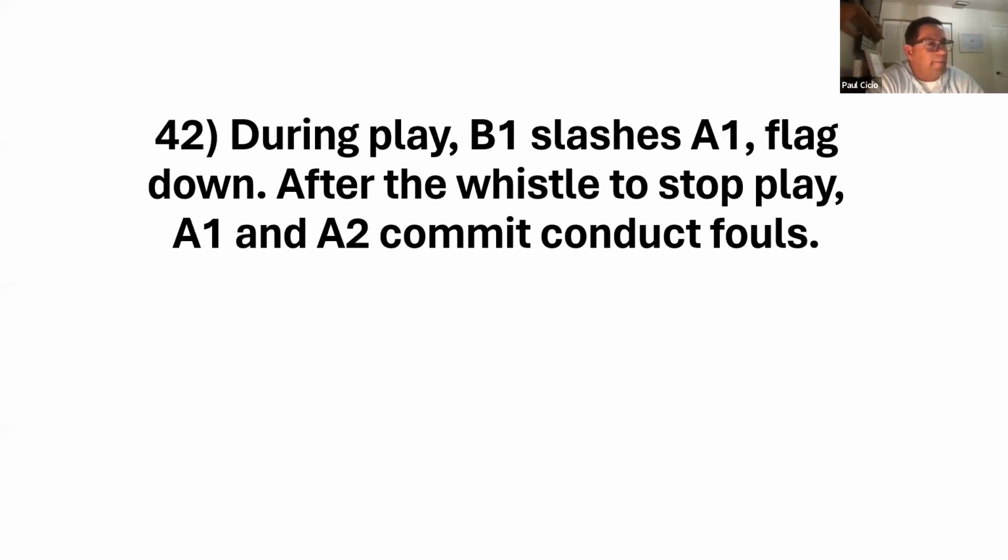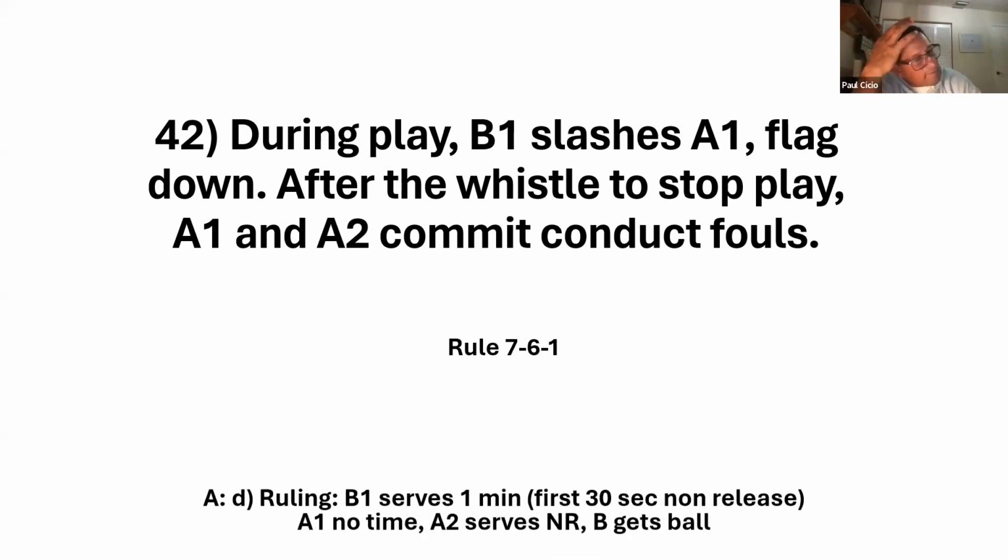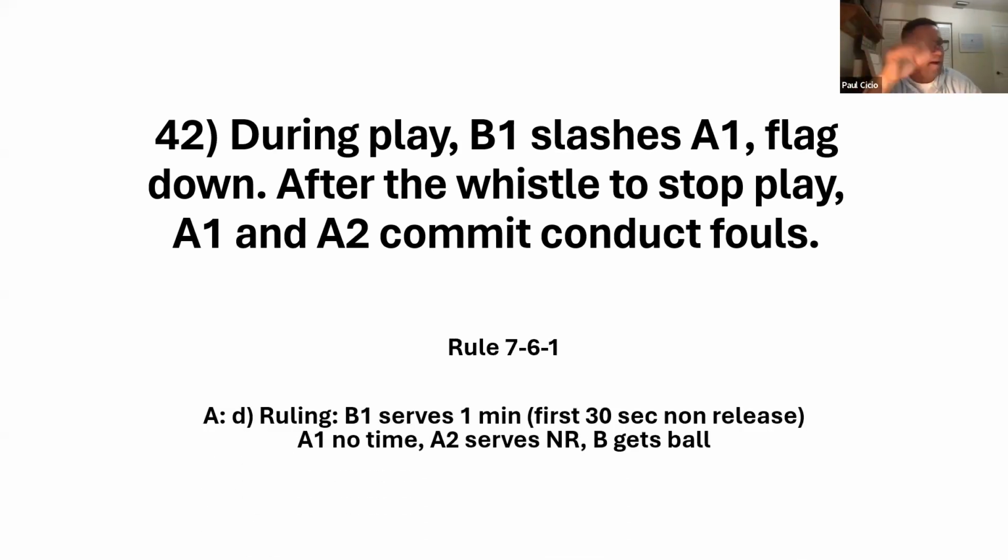42, during play, B1 slashes A1, flag down. After the whistle to stop play, A1 and A2 commit conduct fouls. All right. You just have to kind of go through the sequence here and really think about it. But it's B1 serves 1 minute. The first 30 seconds is not releasable. A1 no time. A2 serves, not releasable. B2 gets the ball.